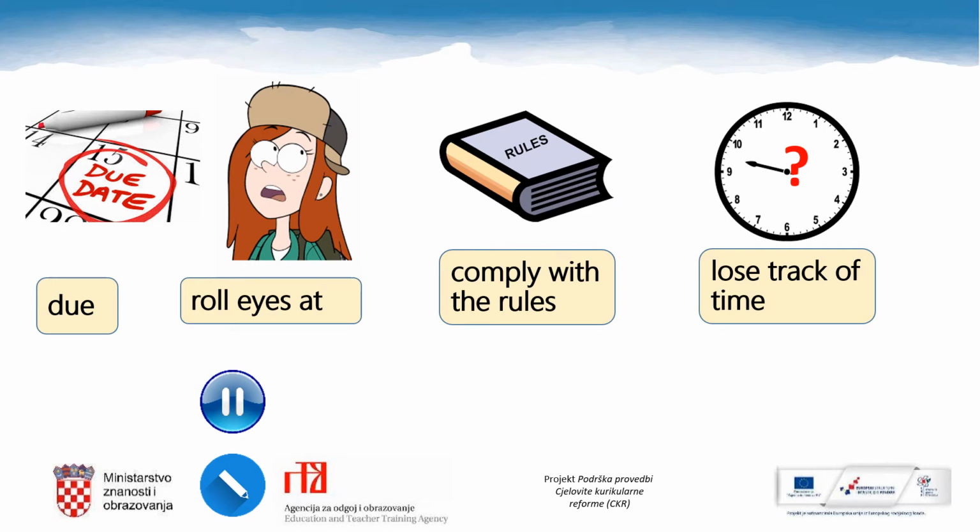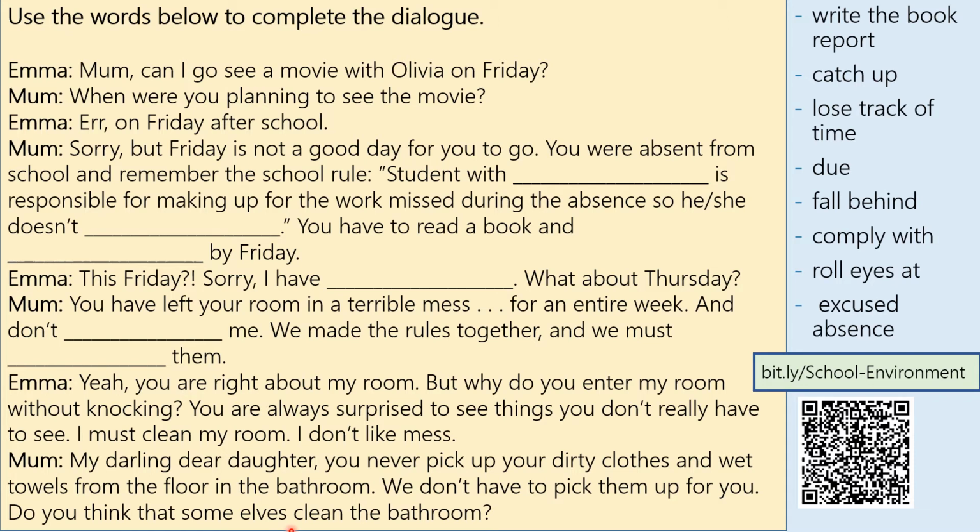You are about to read a dialogue between a girl, her name is Emma, and her mom. What do you think the dialogue is about based on the expressions and words we have just learned? Can you guess? Well, read the dialogue and check your predictions. While reading the dialogue, complete it with the expressions we have just learned and revised.